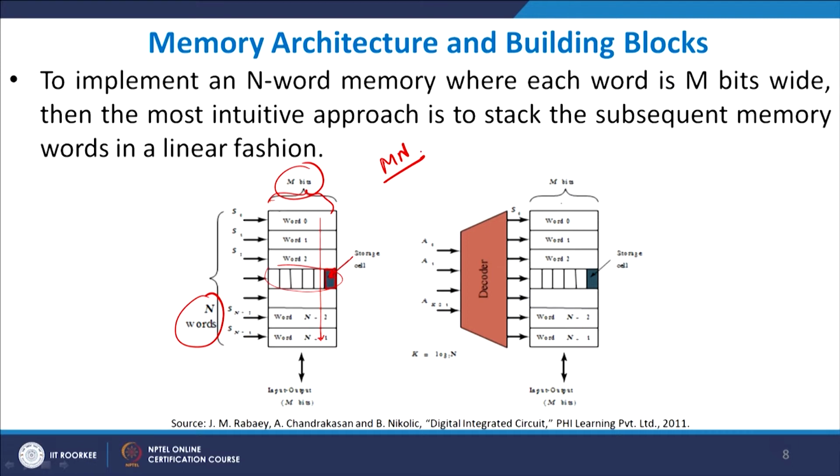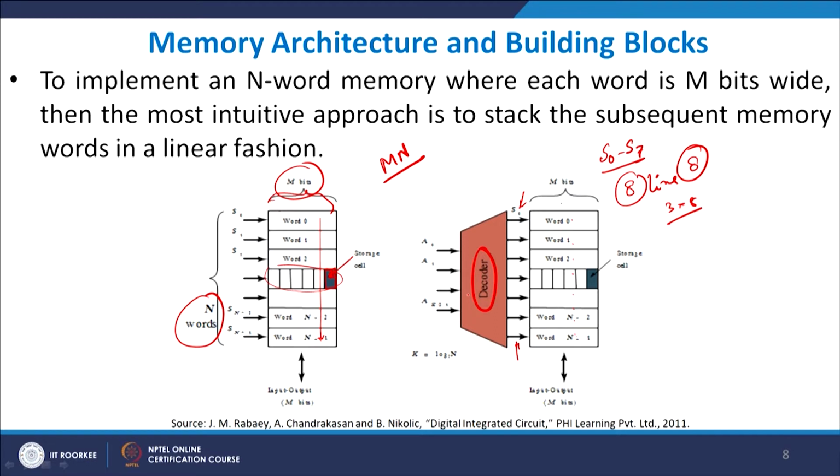Now, what people do is put a decoder on the input side. If there are, say, 8 select lines S0 to S7 for choosing which word you want to read or write, then I require a 3:8 decoder.